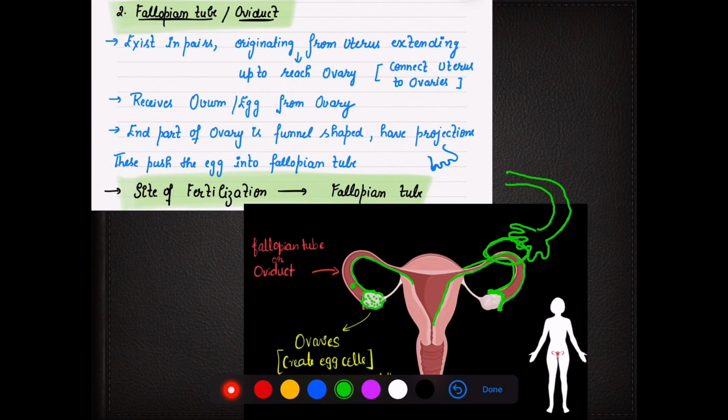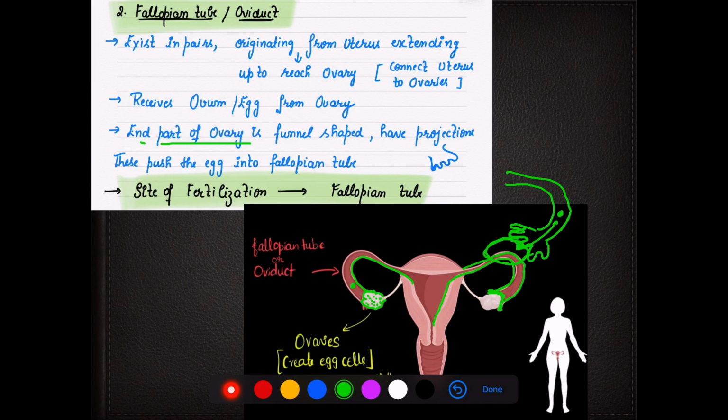So these finger-like projections are pushing the egg into the fallopian tube. So the end part of the oviduct is funnel shaped, and it has projections due to which the egg is pushed into the fallopian tube.